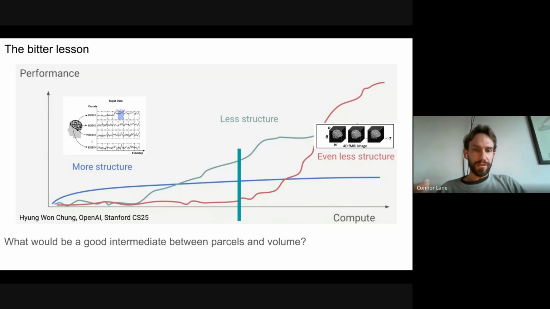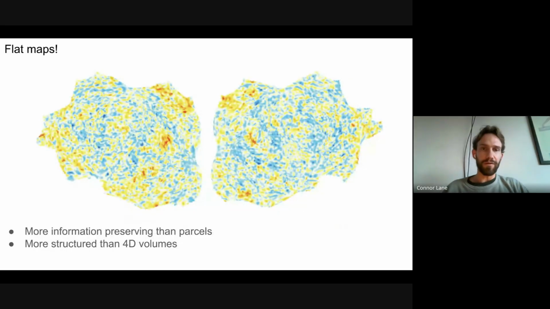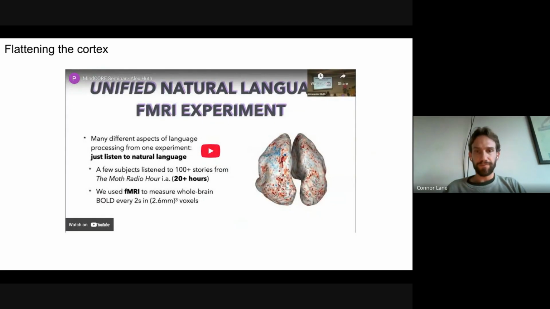And so the answer that I'm proposing, that we've been working on, is flat maps. We've been working with these flat maps for a while. I can show you the video.